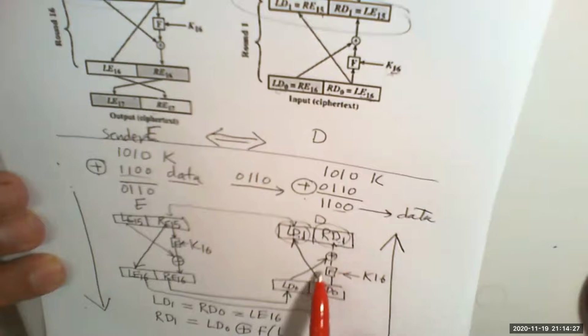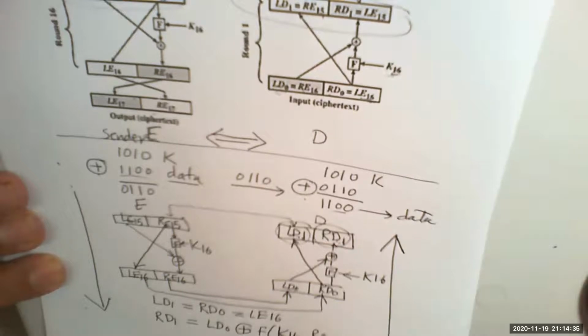RD1 is LD0 XOR the function of K16 and RD0. Okay, these functions, I'm writing the same thing here.